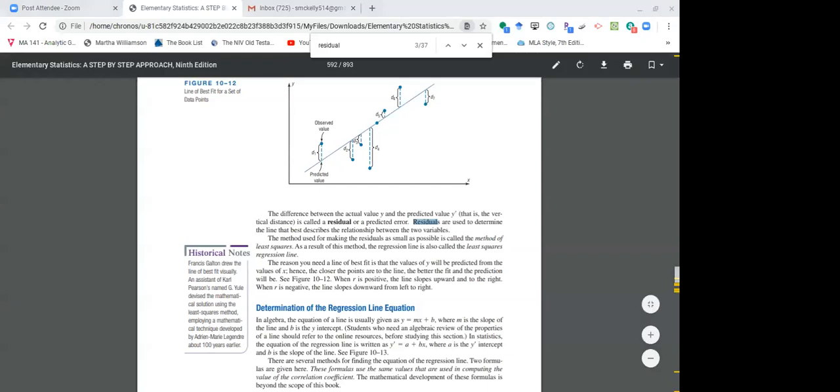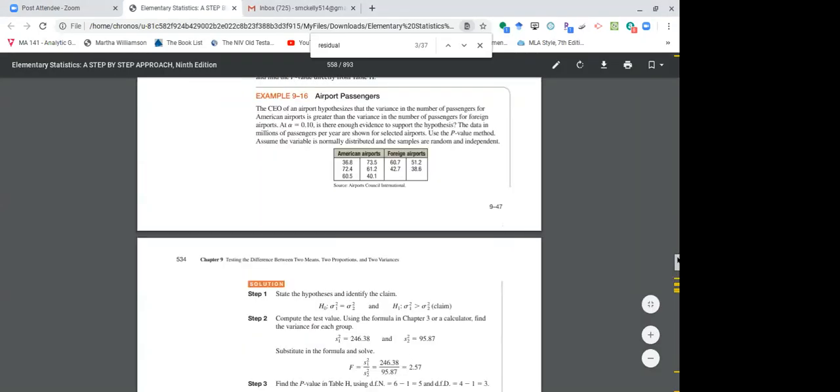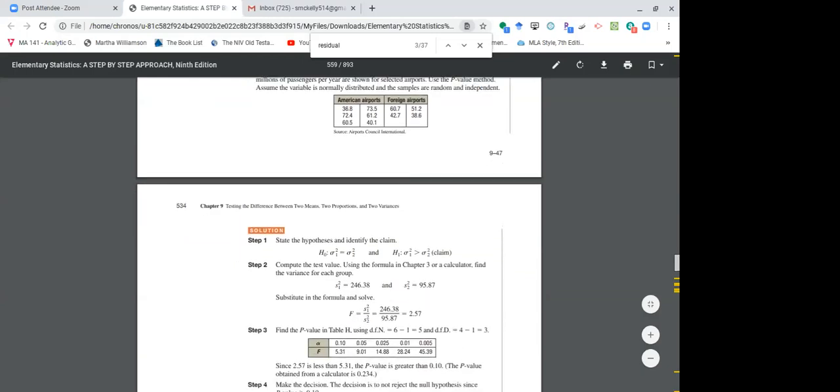So I get negative 0.6 for my residual. Okay, and then this throws me off when I'm comparing. So that's why, here, let me show you one more time so you can understand. So we're talking about above or below the line, right?